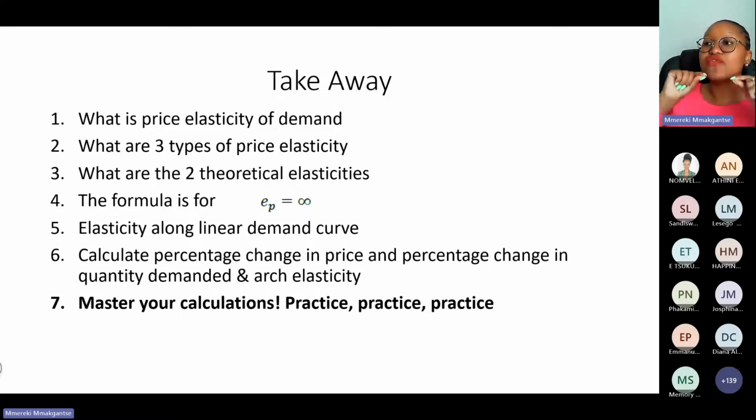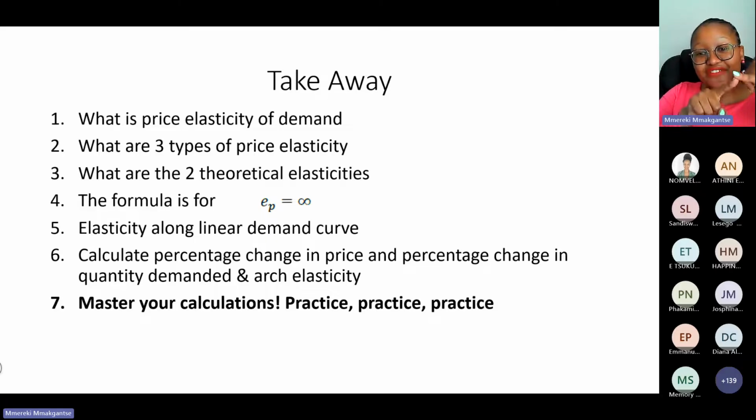What is the takeaway from today? What is price elasticity of demand? Price elasticity is the responsiveness or sensitivity of quantity demanded to a change in price, ne? There are three types of elasticity, my friends.